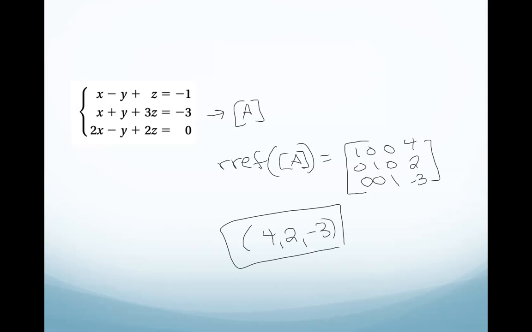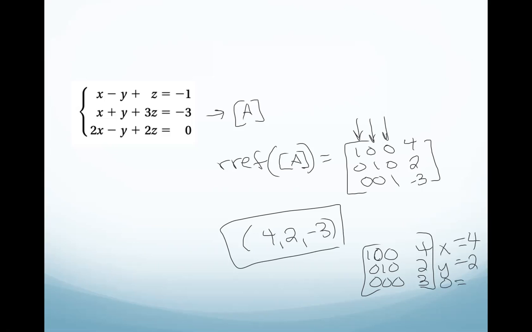Because if these 3 columns do not have just a diagonal of 1s, that's going to change the answer. For example, if I had 1 0 0 4, 0 1 0 2, then sure, in this case, X is 4, Y is 2, but here I have that 0 equals 3, which is false.